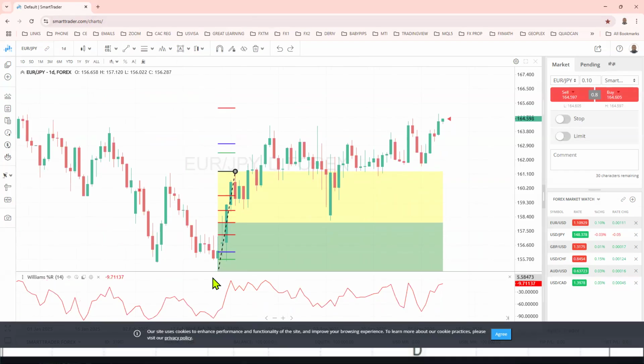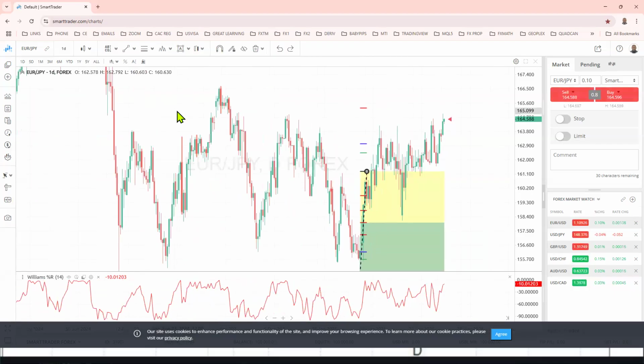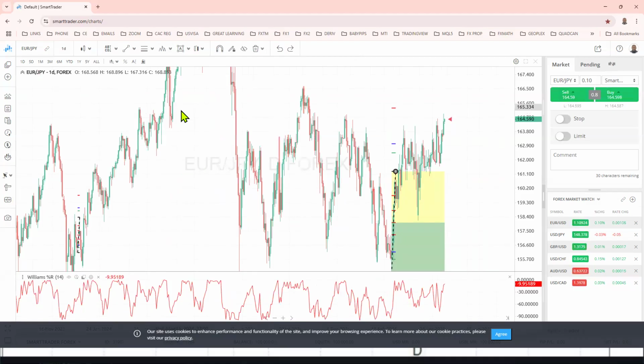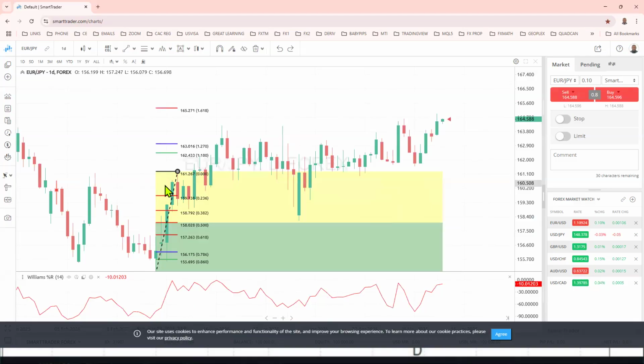So the way it works, you need to select on your own. Now, remember what I said, if you compress the chart, you see the lowest point. You need to be able to select the lowest point or the highest point in the chart, and it will apply the Fibonacci for you most accurately.